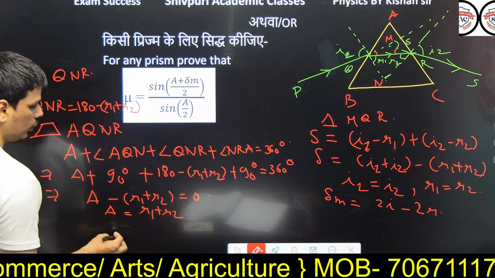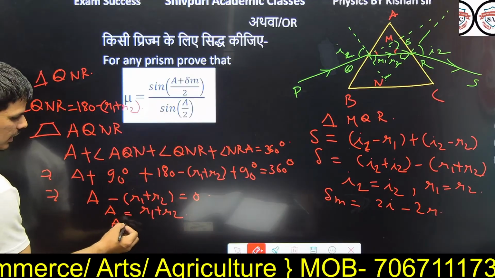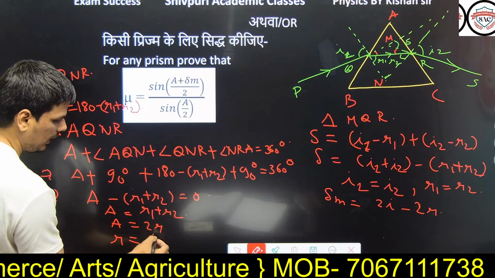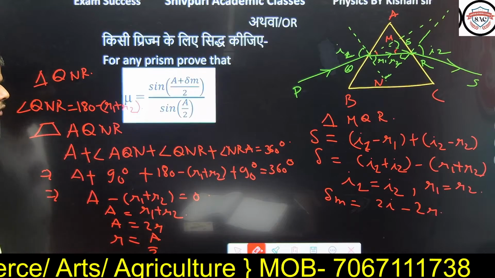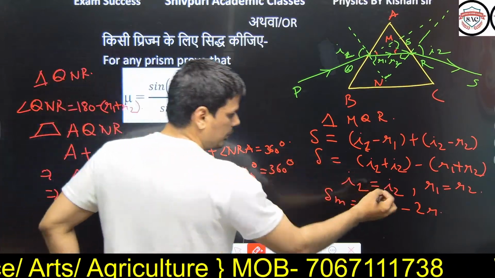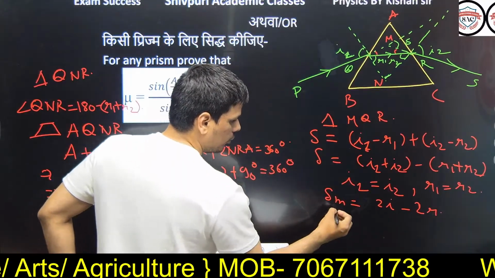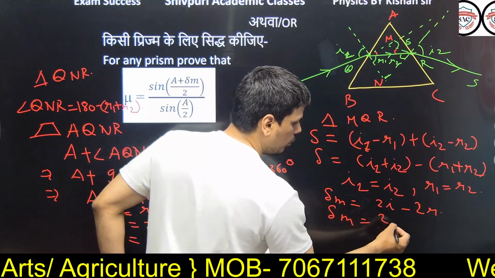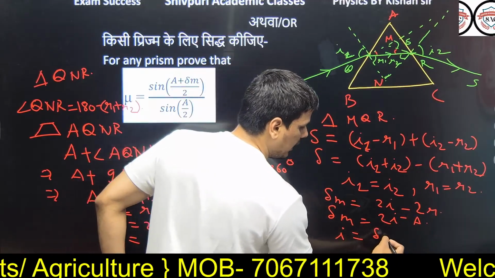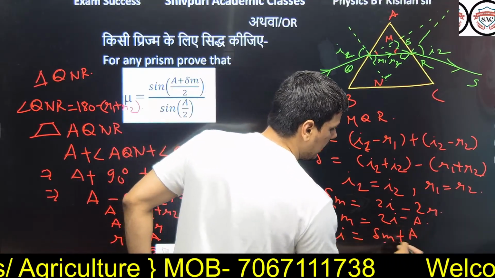But for the minimum deviation, A equals 2r, or we could write r equals A by 2. Putting this value in, delta m equals 2i minus A, or we could write i equals (delta m plus A) by 2.